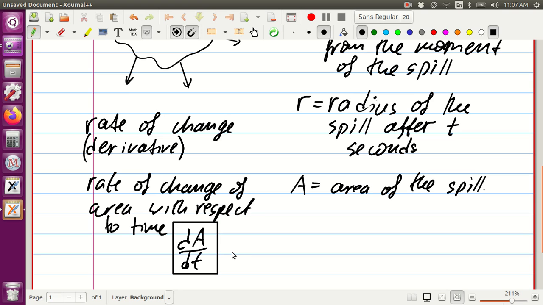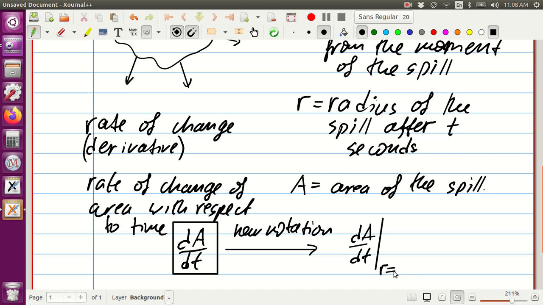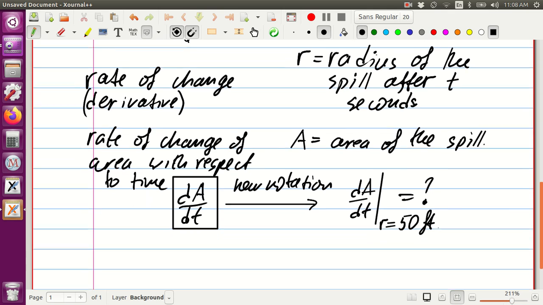So this is how fast the area is changing when time goes by. For this particular problem, we would like also to introduce new notation, which is dA dt, which is the derivative of A with respect to time. And we would like to know what is the rate of change of area with respect to time when the radius is equal to 50 feet. And that's our main question in this problem. But what does it really mean?